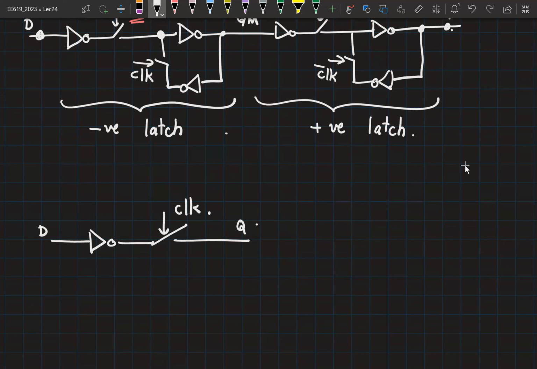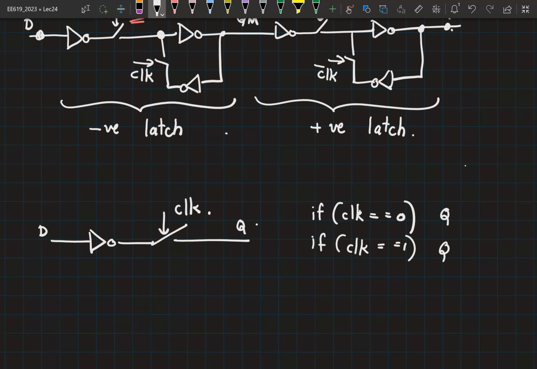Clock into D bar. Is that right? So I want you to analyze what happens if clock is equal to 0. What is the value of Q? And if clock is equal to 1. So when clock is equal to 1, what is Q? That is equal to D bar.